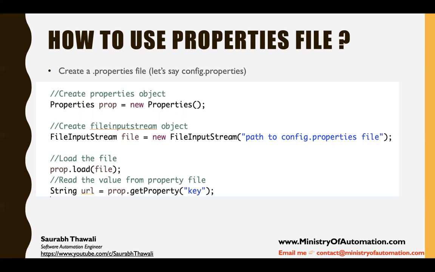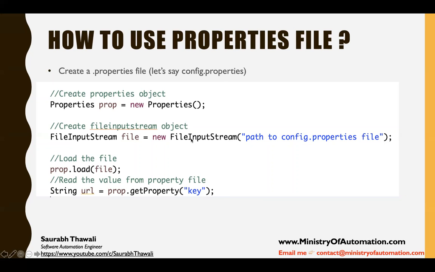So just a high level code, how do we do that? Properties is a class in Selenium, where we first create an object of Properties. This is the normal syntax to create an object of a class, right? Then we create a FileInputStream object, file equal to new FileInputStream.